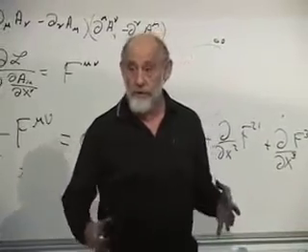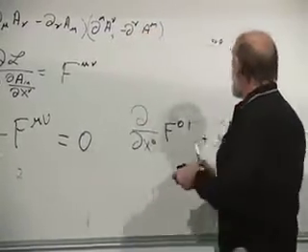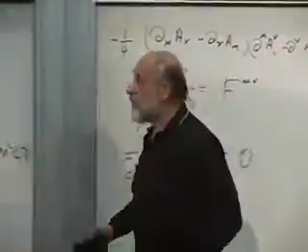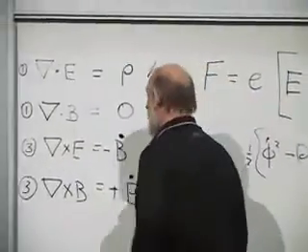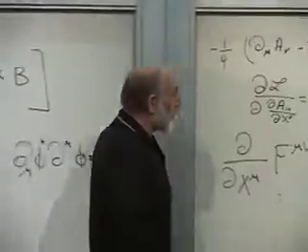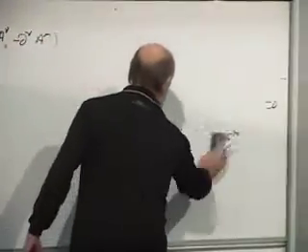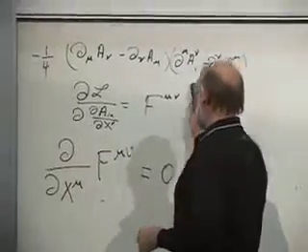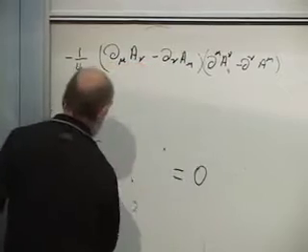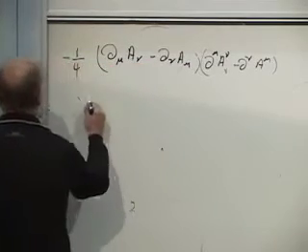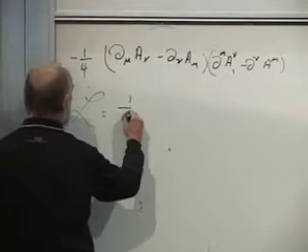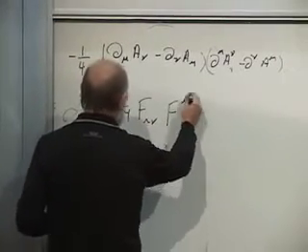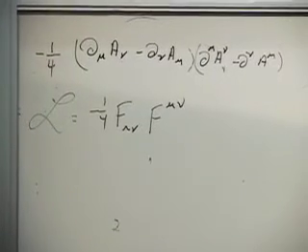And all of electromagnetism without any charges in it all follows from this very simple minus a quarter F mu nu, F mu nu. Okay, very simple.